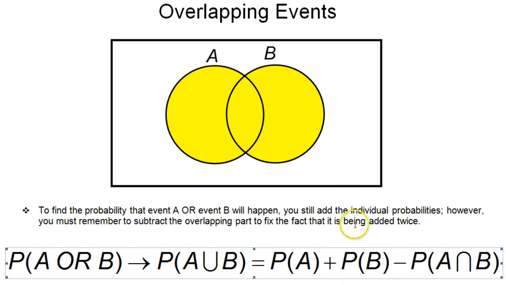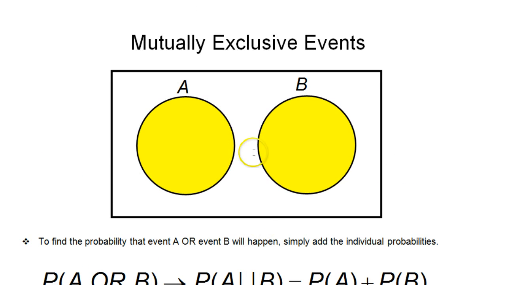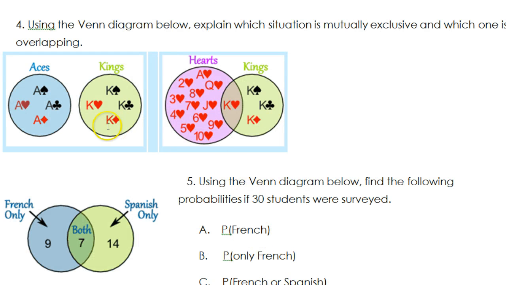Anyway, clearly, based on what we talked about before, overlapping events overlap. They have stuff in common. Mutually exclusive events have nothing in common. I'm not even sure how to explain it because it's so obvious. So I'm just going to put some arrows on here. This situation is overlapping.